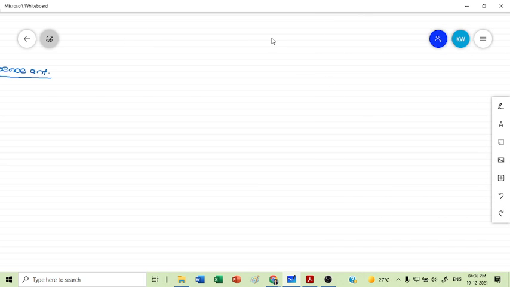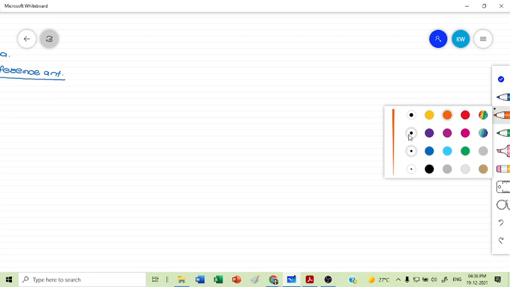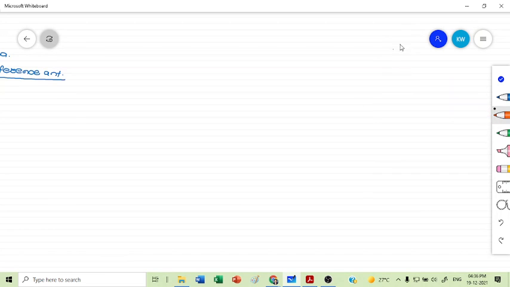Now let us discuss the second type of antenna, that is directional antenna.